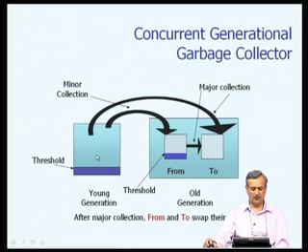The same is true for this young generation as well. Since all the surviving objects are transferred to this from half space, this entire young generation becomes free after a garbage collection process. So, now this entire thing is free, and there are some objects which are living here.